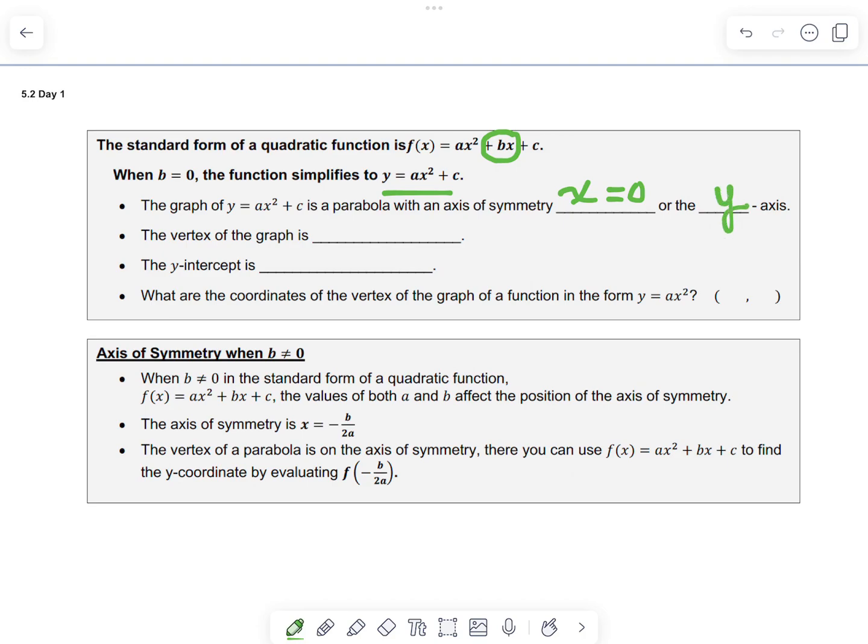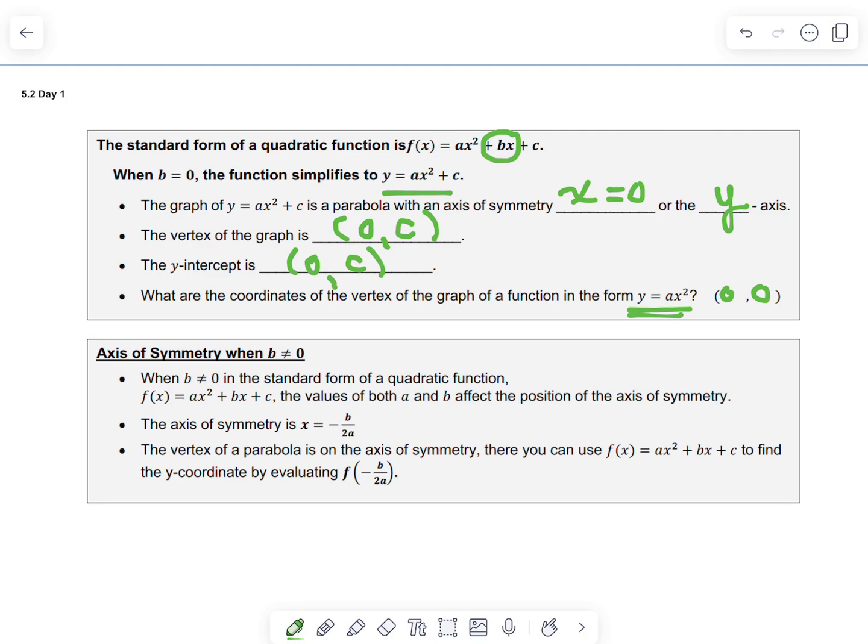And then the vertex will be at (0, c). The y-intercept will be in that same spot at (0, c). If we have the c removed now, then the vertex will just be at the origin because my c is 0.